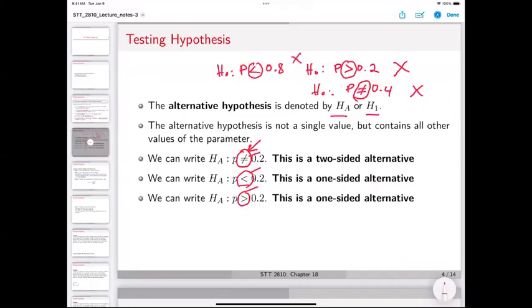All these signs are for the alternative hypothesis. That is the one thing I want you to know. And I repeat again, if you see the alternative, say P is not equal to 0.5, because it is not equal to, this tells you that it's a two-sided alternative hypothesis.